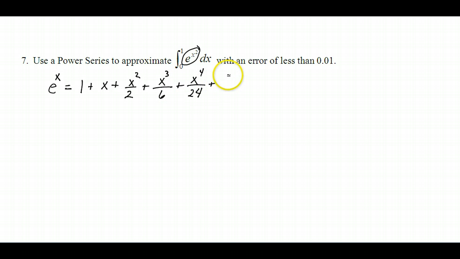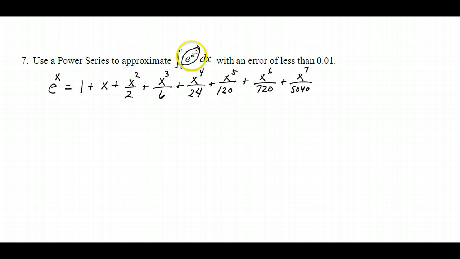And I don't know how many terms I'm going to need, but I could very easily create more if I needed to. So I have x to the 5th over 120 plus x to the 6th over 6 factorial, which is 720. The next one I know I'd be good because 7 factorial is 5,040. We do have to have an error less than 1/100th.